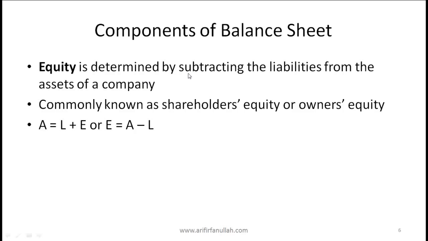Equity is determined by subtracting the liabilities from the assets of a company, commonly known as shareholders' equity or owner's equity. So equity is the total assets of the firm minus the liabilities. You'll notice throughout this topic on financial reporting and analysis that there's a lot of detail on defining assets.